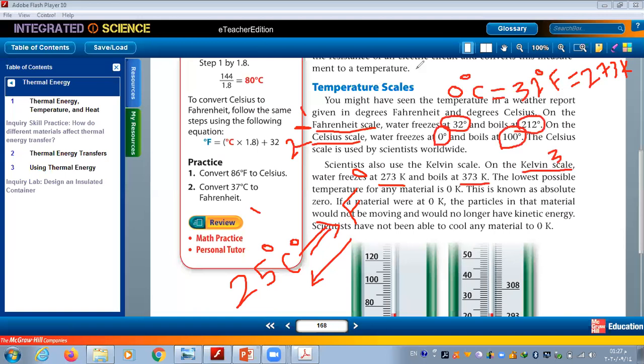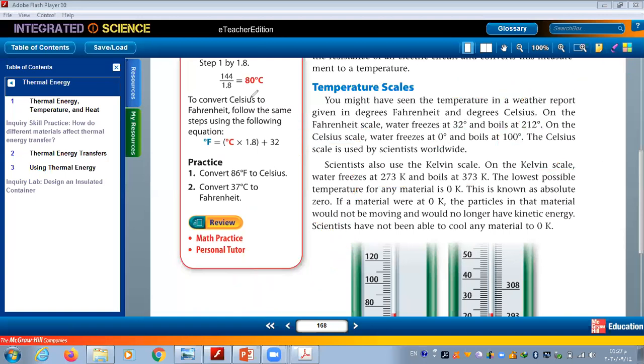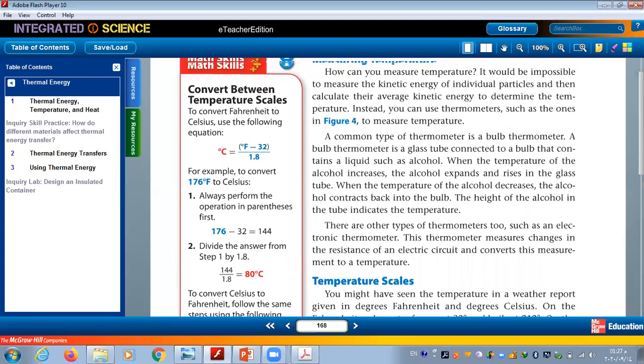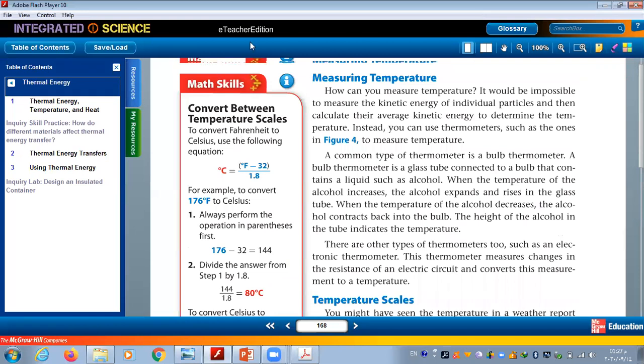Now we are going to talk about which equations we will use to convert between scales. The first important thing you have to know: they will give you a number in the problem, like 160 degrees. What is the unit beside it? Fahrenheit. So you have to know that they gave you Fahrenheit. Then look at what the problem asks. For example, to convert 176 degrees Fahrenheit to Celsius.